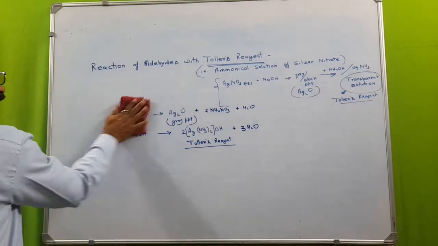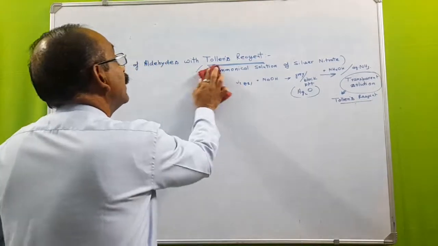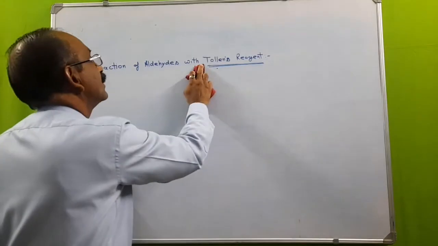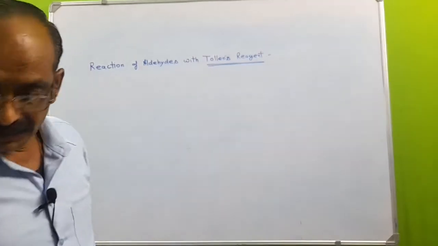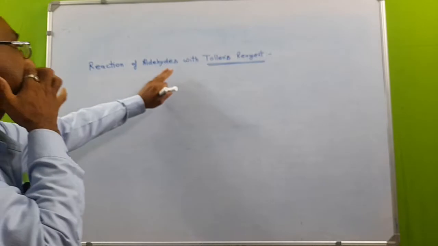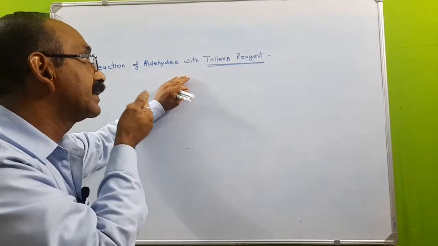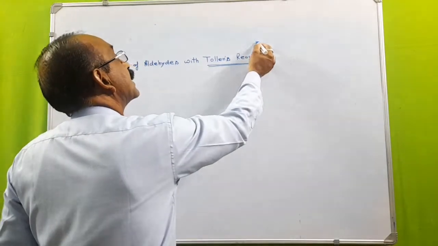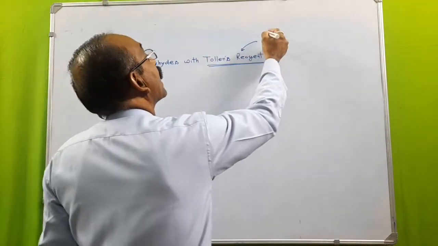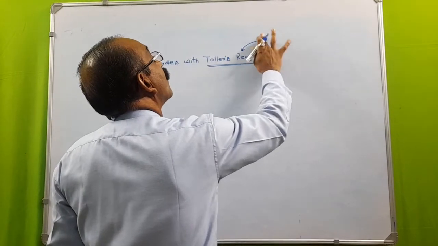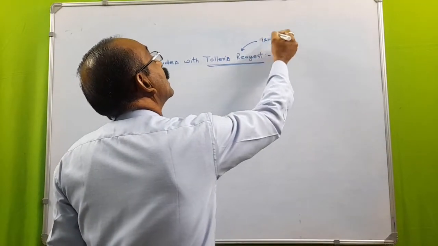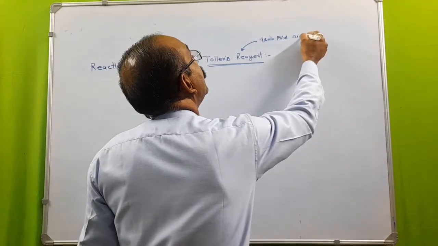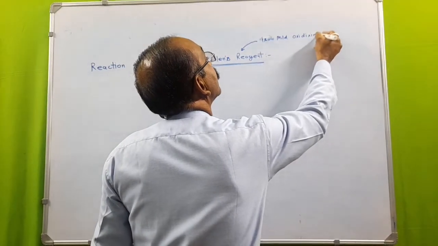Now, we'll come to our point that we were discussing, the topic reaction of aldehydes with Tollen's reagent. See, this Tollen's reagent is a very weak or mild oxidizing agent.